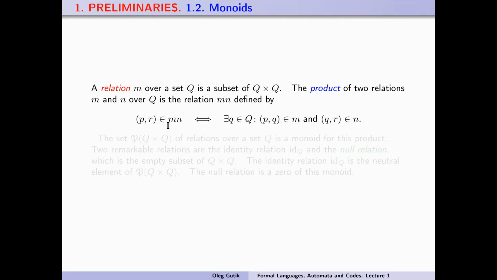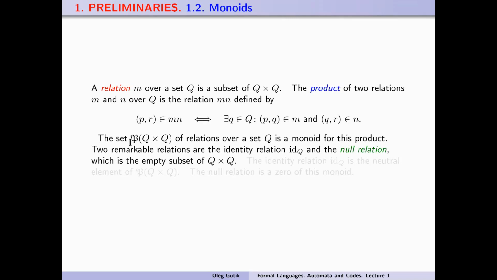The element (p, r) belongs to this product if and only if there exists a small q from Q such that (p, q) belongs to M and (q, r) belongs to N. The set of all relations over the set Q, which we denote by the power set of Q times Q, is a monoid for this product. Let us remark on the identity relation and the null relation.